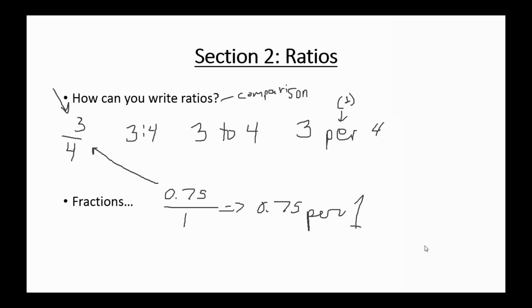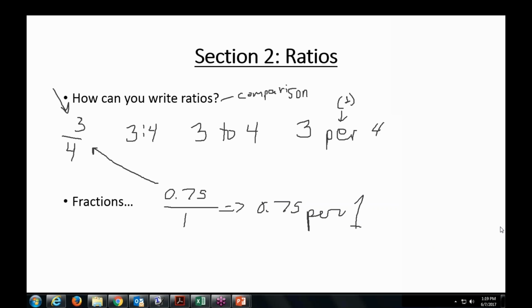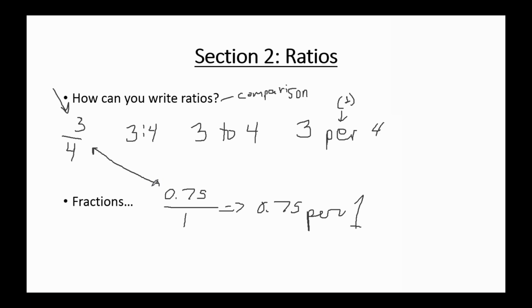Do decimals or percents work as well? Heck yes, they do. We took that 3/4 and changed it to a decimal, and that decimal we could change to a percent. A percent is out of 100, which we will spend time on probably next week. So that also is 75 over 100. All of these different pieces are equivalent ratios.